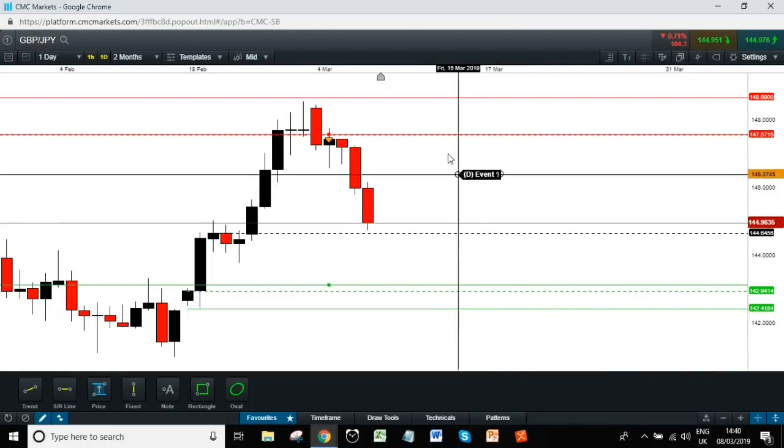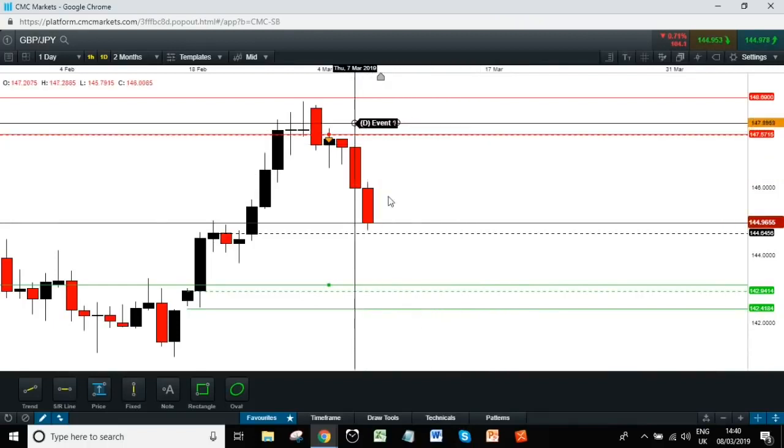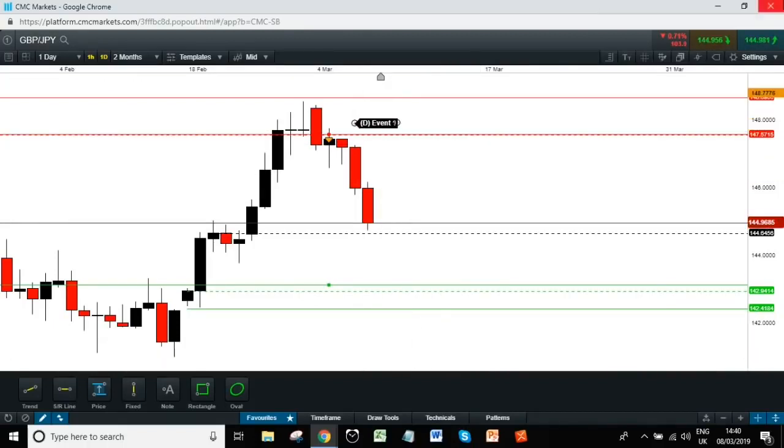The market moving into the zone is the first event in the process, and there's 3 events in this particular process. In other processes there's 5 events, but in this one there's 3, and the 3rd event is also the trigger event. I'll explain what that means.